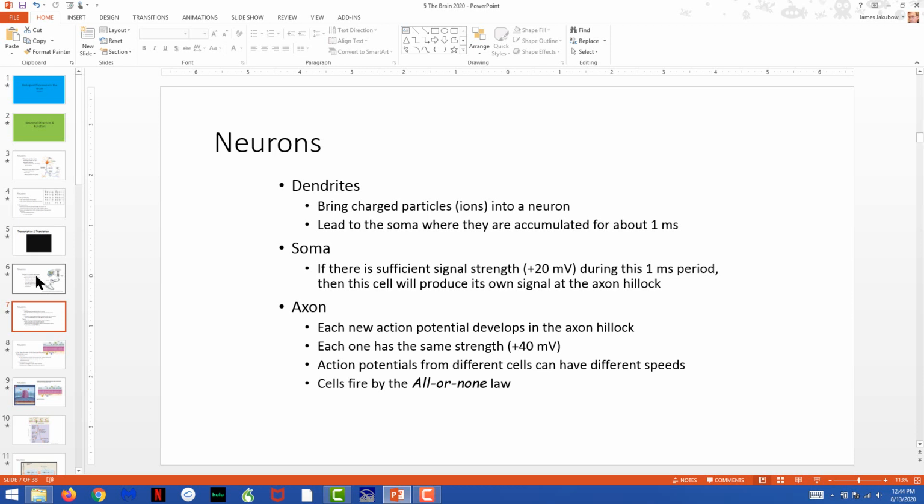And you know that because there's more activity through those particular pathways. The increase in electrical activity requires more energy, so therefore there's more blood flow to that particular area.